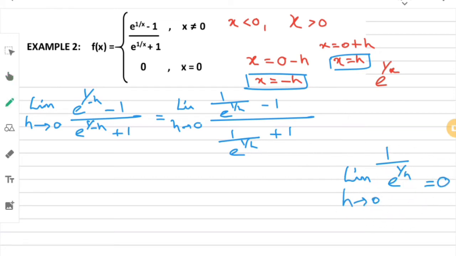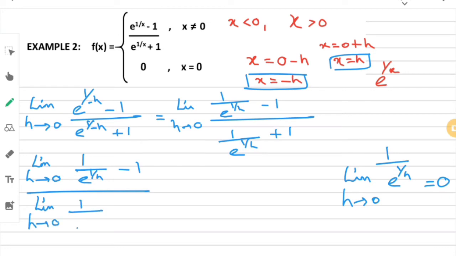First I'm going to split the limit separately. So limit h tends to 0, 1 by e power 1 by h minus 1, whole divided by limit h tends to 0, 1 by e power 1 by h plus 1.